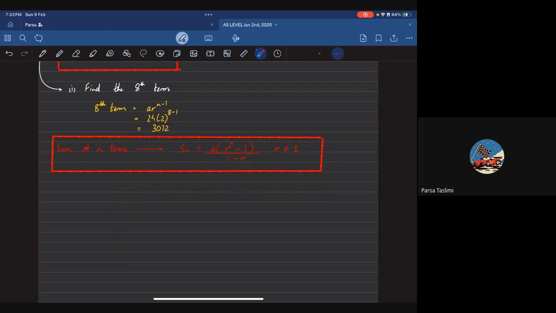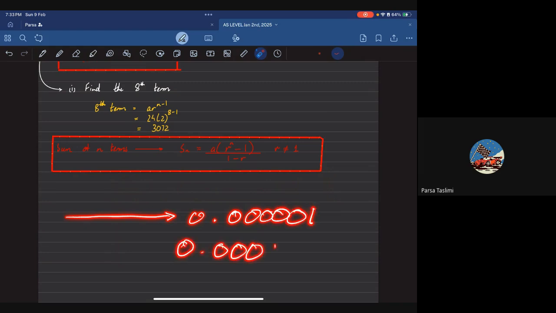In those types of sequences, you will notice that after a while, the terms become too small. It will probably become 0.000001, and then the next term will be even smaller, and so on.